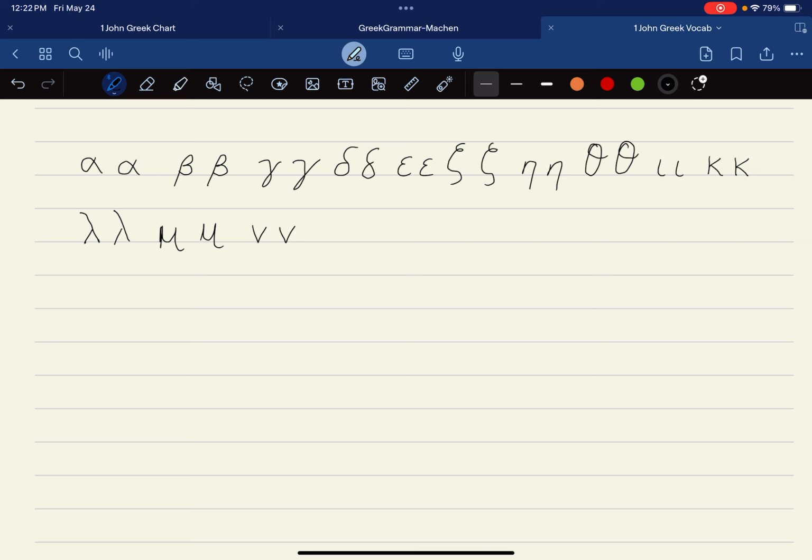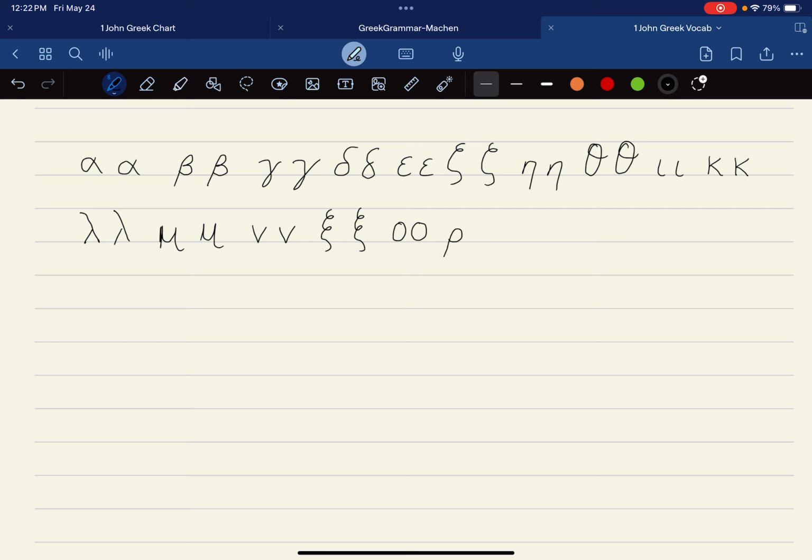Then we have the xi. And we have the omicron. Alpha, beta, gamma, delta, epsilon, zeta, eta, theta, iota, kappa, lambda, mu, nu, xi, omicron.